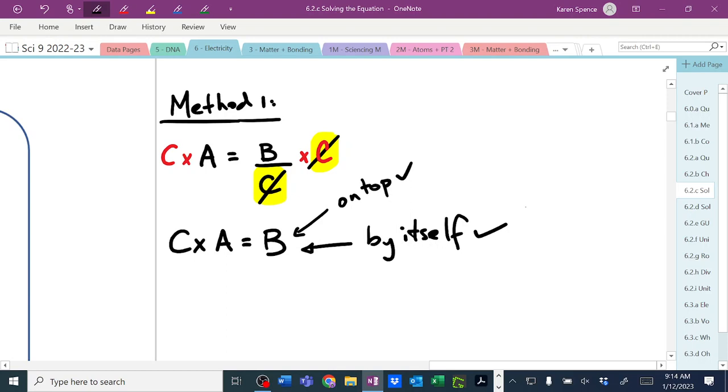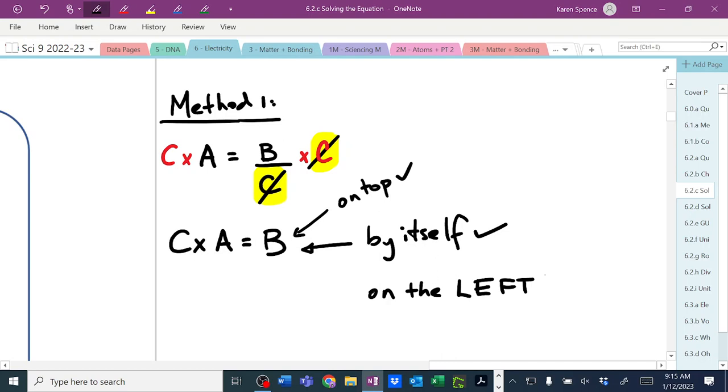We need to put it on the left. And this is specifically useful for science because we're going to use this equation and then we're going to actually plug real values into these equations. So all you have to do, if you have an equation like this, and B is over here, and you want it on the other side, you just take the entire equation and you flip it.